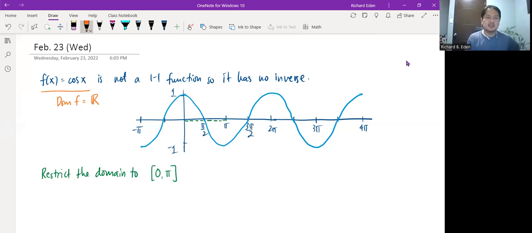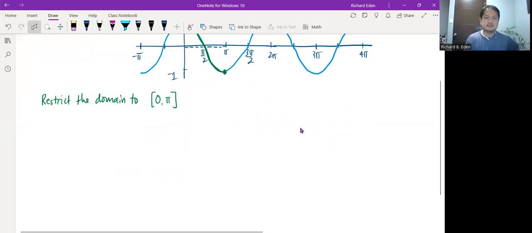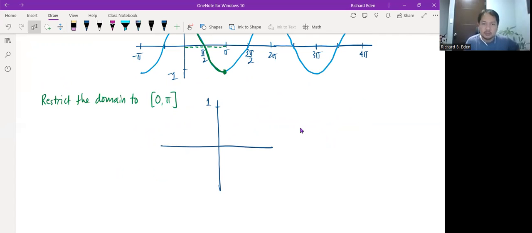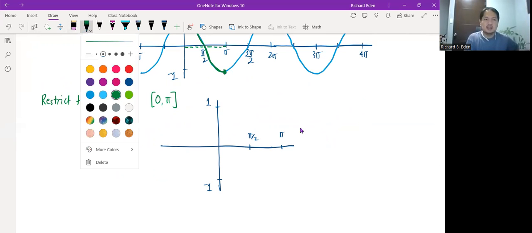Okay. And so the effect is that when you draw it, okay, andito nung 1, andito nung -1, and then here is pi over 2, and here is pi. You then get these points.